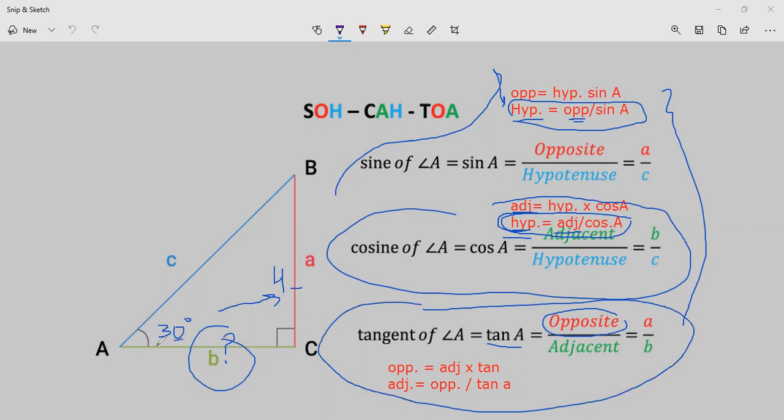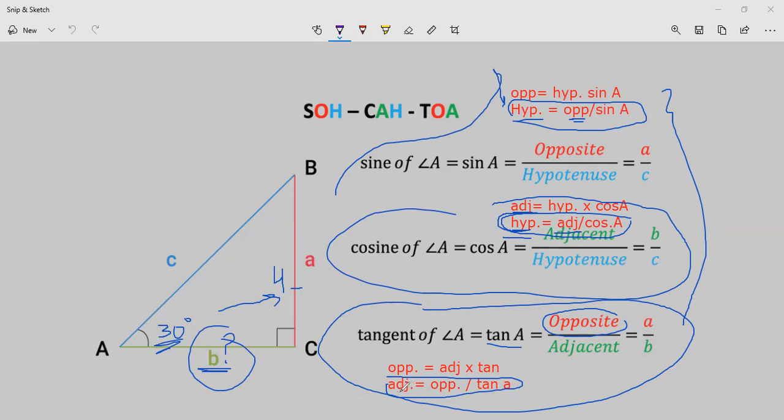I don't need to find the tan. I have the angle. If they ask me to find the tan, I directly divide the opposite over the adjacent. But I need to find the adjacent. So I'm using this rule. Why am I using this rule? Because I have the opposite. I don't have the hypotenuse, so I will not use the other rules.